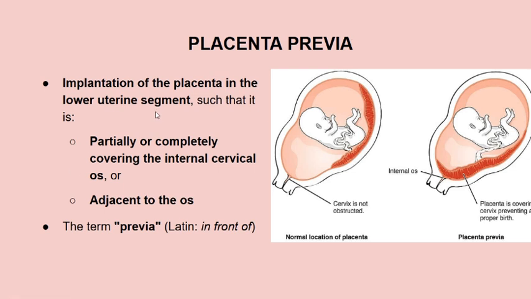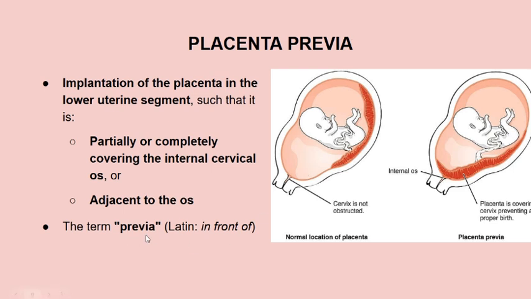So placenta previa, as I've said earlier, is an implantation of the placenta at the lower uterine segment. It could partially or completely cover the internal cervical os. To be more specific, it can either lie close to the internal os, partially cover it, or completely cover it.